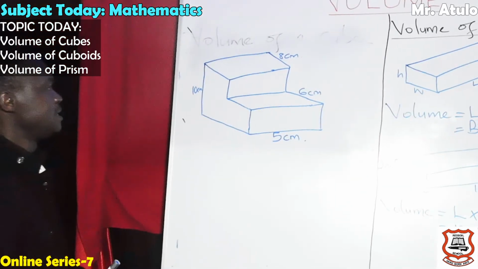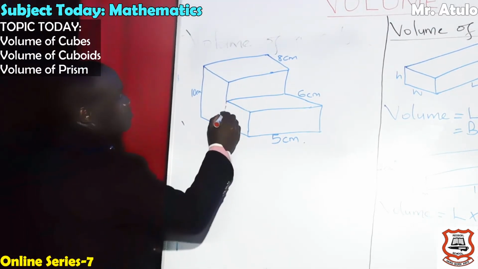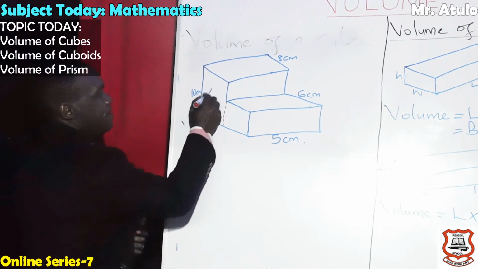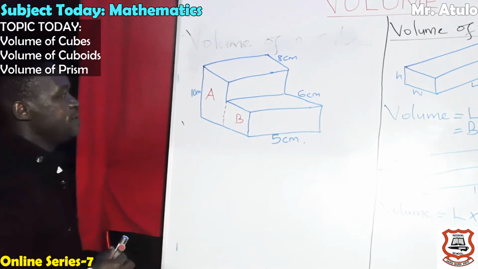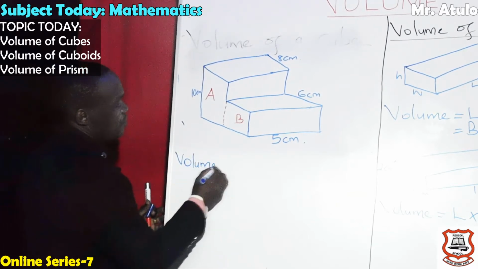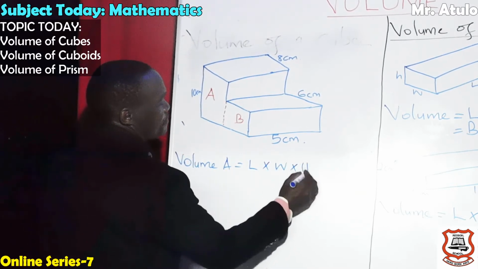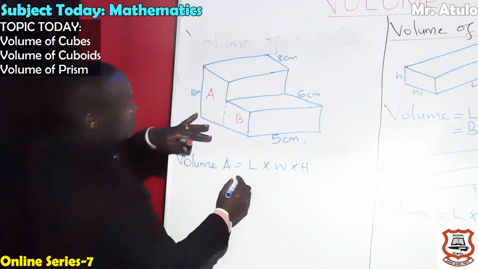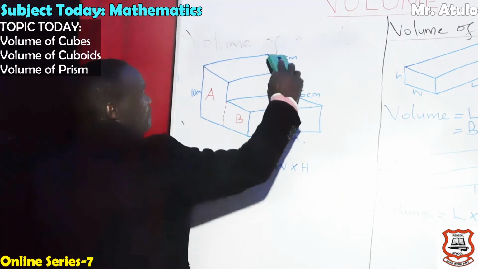The first approach is we can divide it into two, so that we have two cuboids. We have cuboid A and cuboid B. Having divided it that way, we can say volume A, that is the volume for cuboid A, would be length times width times height.